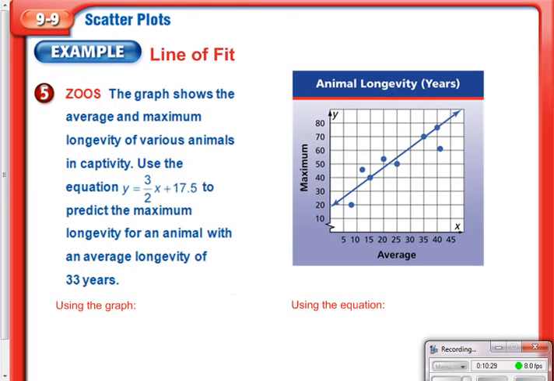Our last step in example 5 is to go ahead and use the graph to determine. It says the zoo graph shows the average and maximum longevity of various animals in captivity. Use the equation y equals 3/2 x plus 17.5, which is actually what we figured out in the prior example, to predict the maximum longevity for an animal with the average longevity of 33 years.